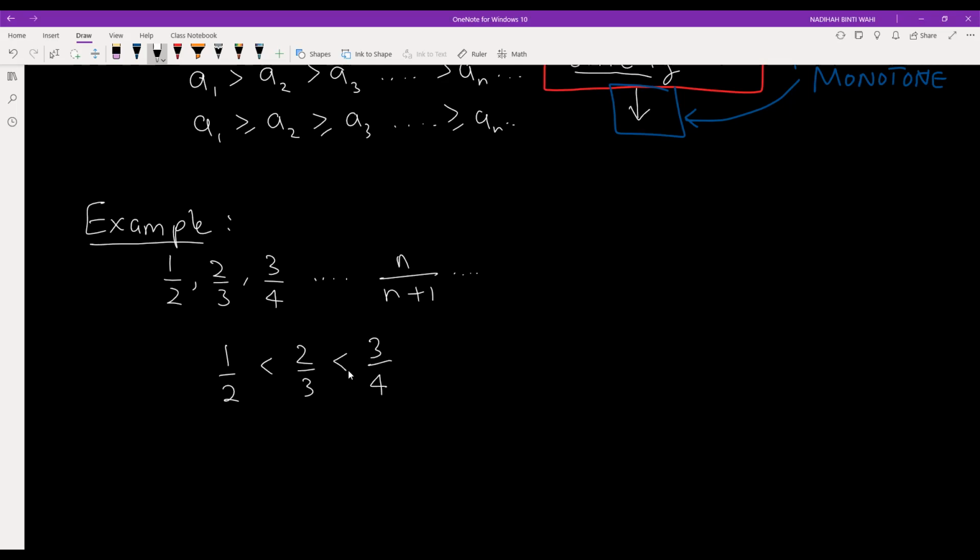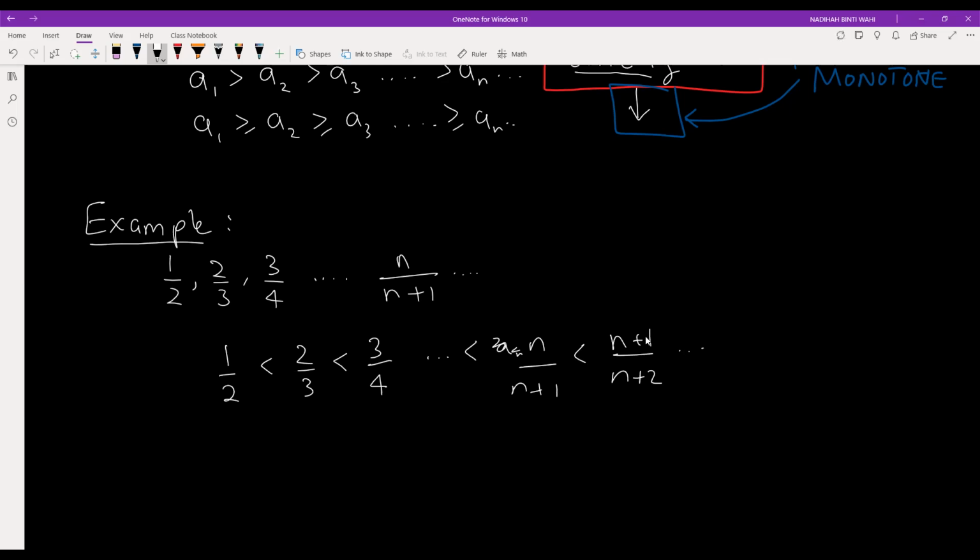Obviously this one is bigger. So n over n plus 1 should be less than n plus 1 over n plus 2, and so on.